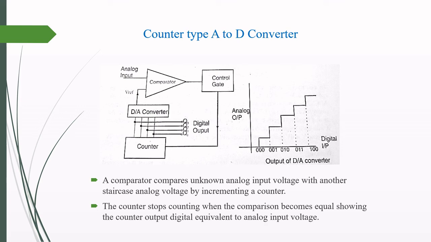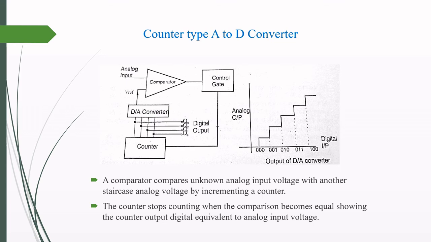So this is basic principle of counter type A to D converter. Comparator compares analog input voltage with a reference voltage from D to A converter. The output of comparator is fed to a control gate which controls start and stop action of digital counter.